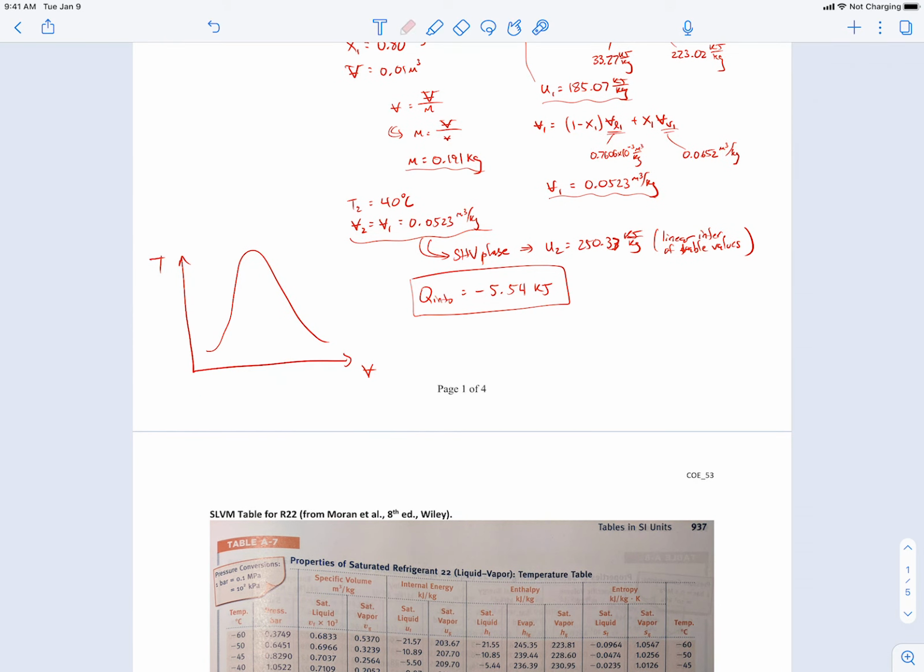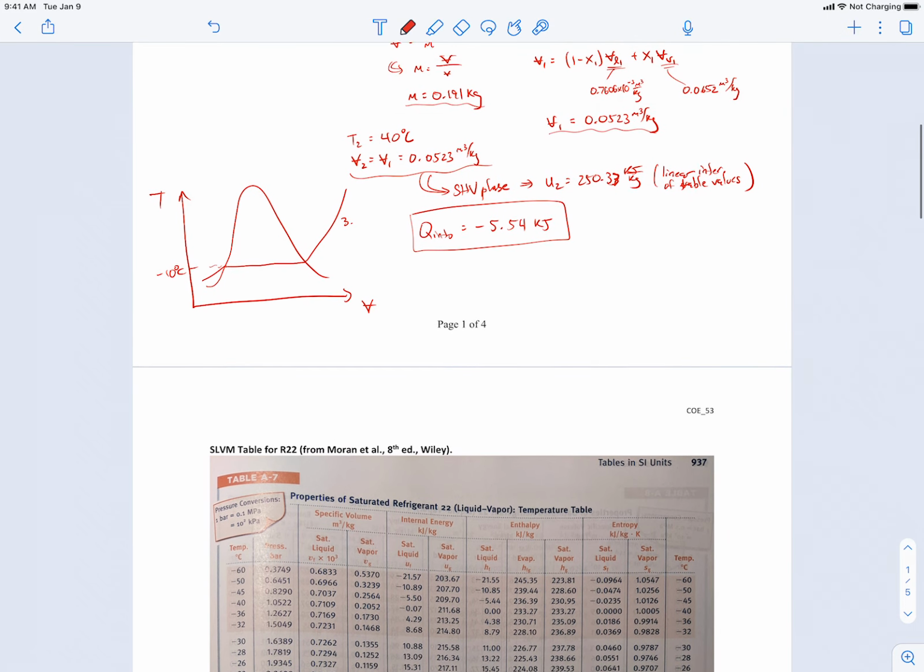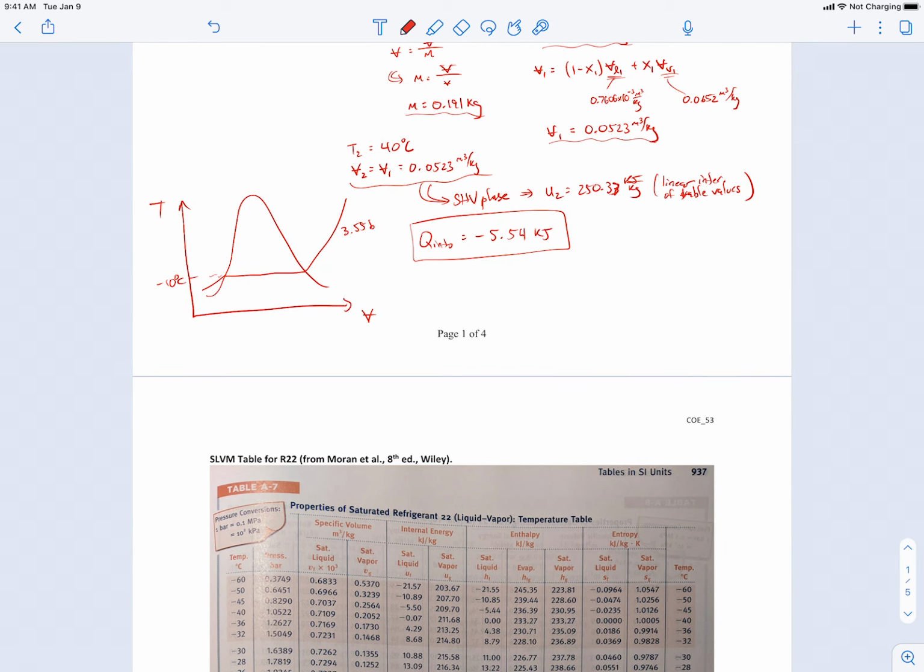So the isobar looks like this. So we're at minus 10 degrees C, and this pressure is 3.55. I'll just round it. And we're somewhere under this vapor dome here, and there's state 1, because I know it's in a saturated liquid-vapor mixture phase, so I'm down here.